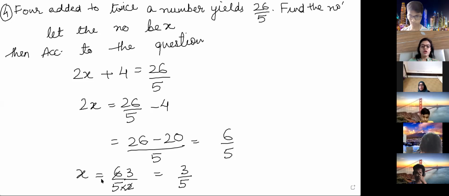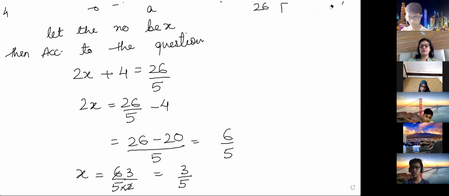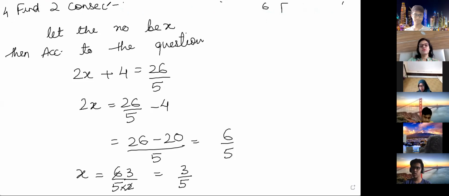Okay, next question. Write down the next question. I'm erasing it. Find two consecutive natural numbers whose sum is 63. You know what a natural number is, okay?